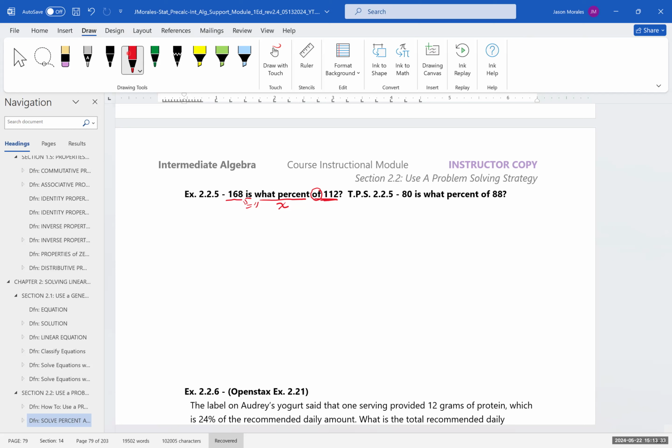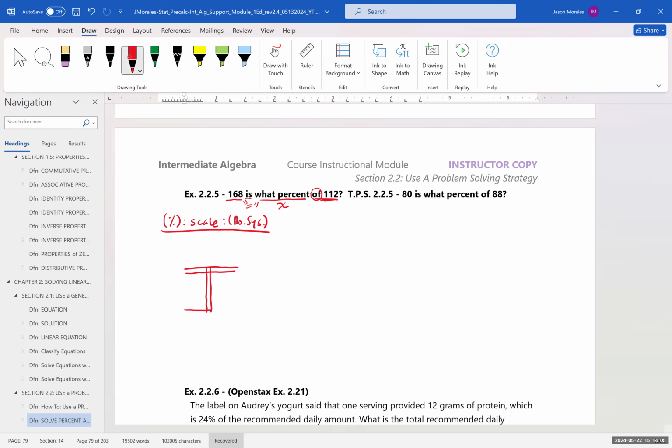So let's try and draw this out. On this side of the scale, we're going to put percent. And on this side of the scale, it's just going to be whatever number system they presented us with. And I'm going to draw this a little bit further down. I'll explain why in a moment. Like that.